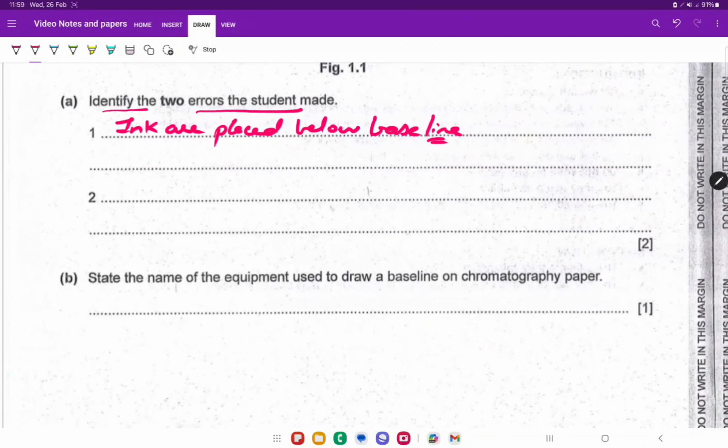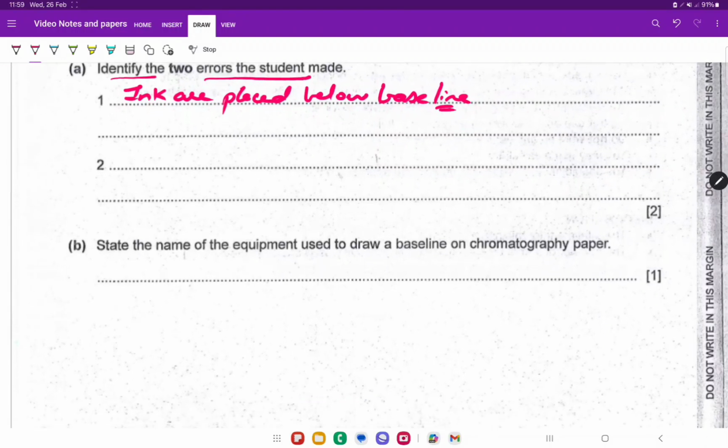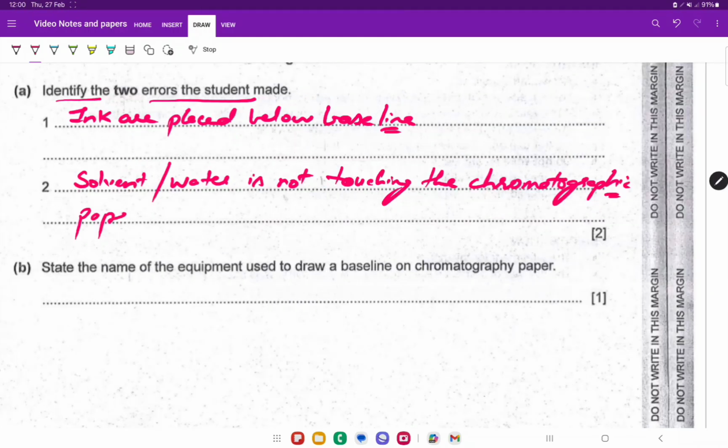The second error is that the solvent, that is water, is not touching the chromatographic paper. The paper is above the solvent or water. These can be the answers which we will get in the answer key when it comes.